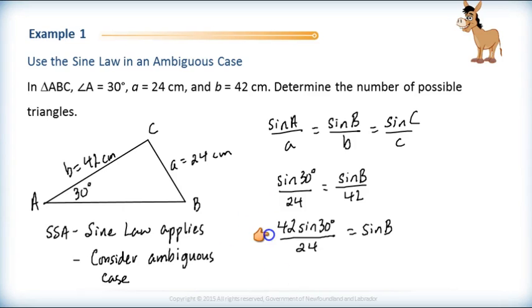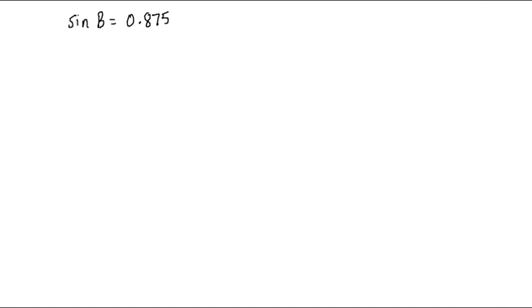And a little bit of rearranging gives sine of angle B equals this, which in turn gives us 0.875 equals sine of angle B. Carrying that over to a new slide, we will find that angle B, therefore, is equal to inverse sine of 0.875, which means angle B is 61 degrees to the nearest degree.